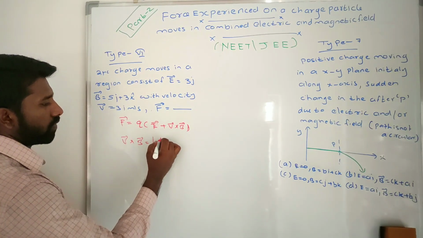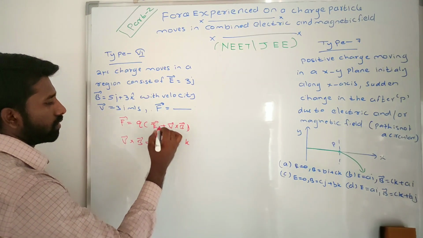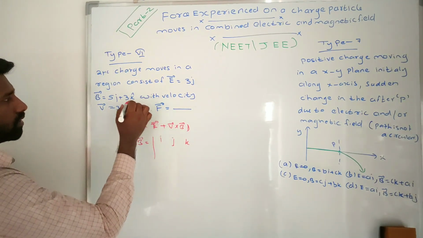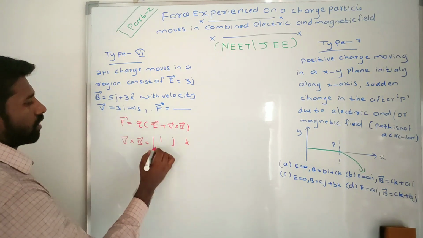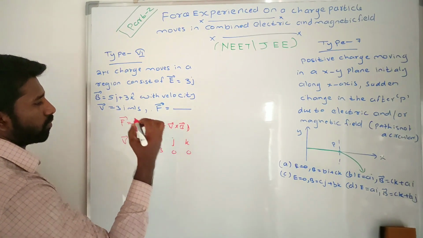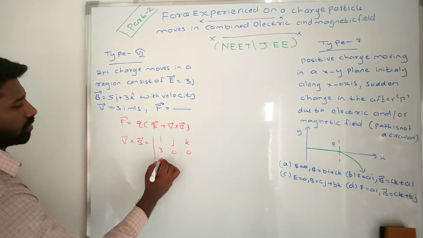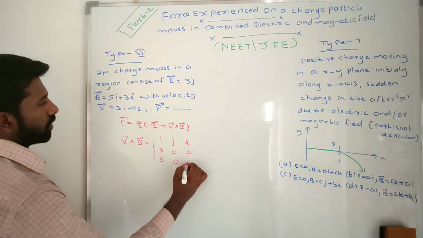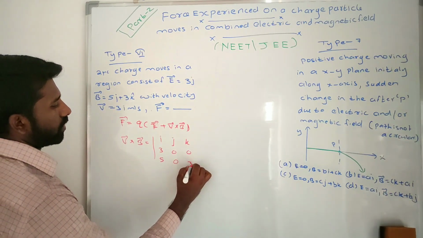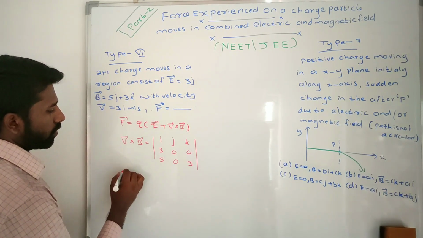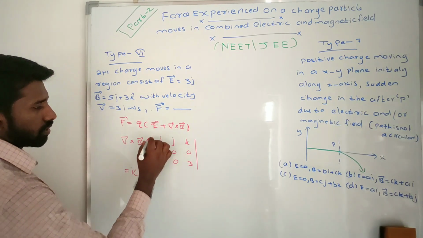V cross B we can find out using i, j, k like this. What about the first vector's i component? That is the velocity i component is 3, now j component and k component are 0. Then B vector i component is 5 and now j component is 0 and k component is 3. Okay. For the cross product, first you take i, rows and column cancel.